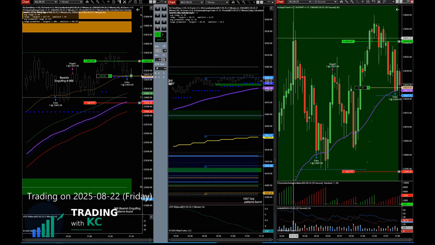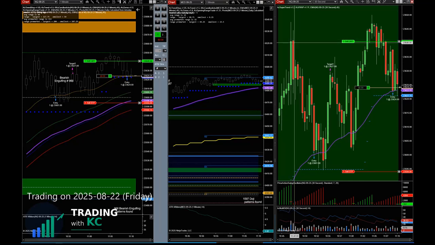Okay. The wicks, I don't really like on the 30-second. The wicks don't mean as much to me as the close, because this is where price may have gone up and down, but this is where price was. So I'm looking here. I'm going to set my target like one tick ahead of that.